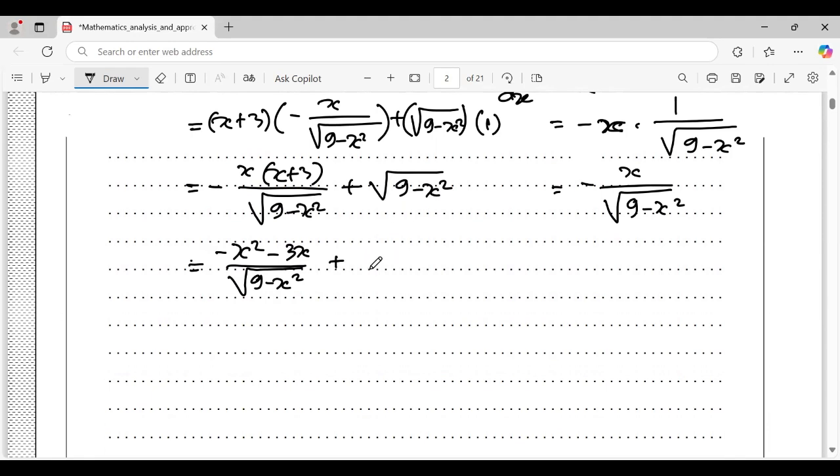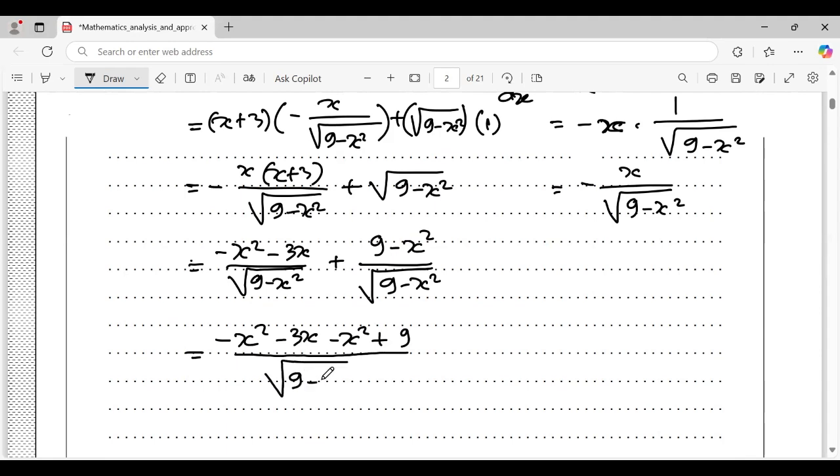Plus, I would like to make the same denominator, and this is 9 minus x squared. It becomes minus x squared minus 3x minus x squared plus 9 over square root 9 minus x squared, which becomes minus 2x squared minus 3x plus 9 over square root 9 minus x squared.